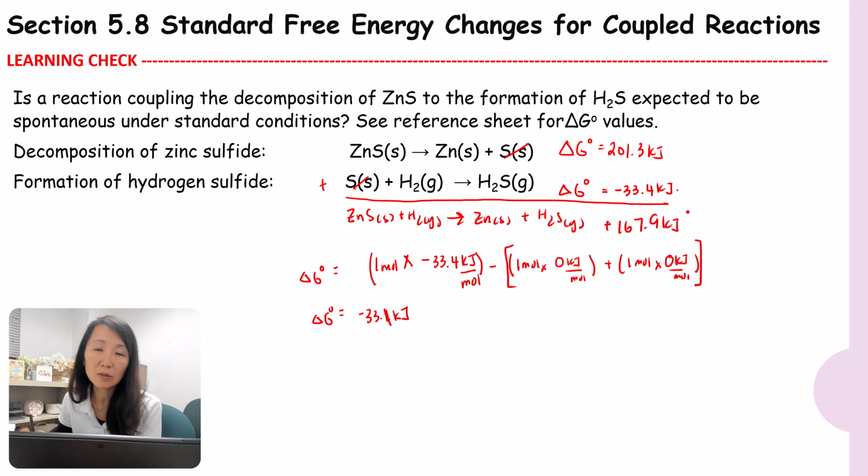So even though this reaction is coupled with a spontaneous reaction, it's not strong enough. The spontaneity is not strong enough for this to go spontaneous. Having this positive delta G overall, even with the coupled reaction, would be considered non-spontaneous.